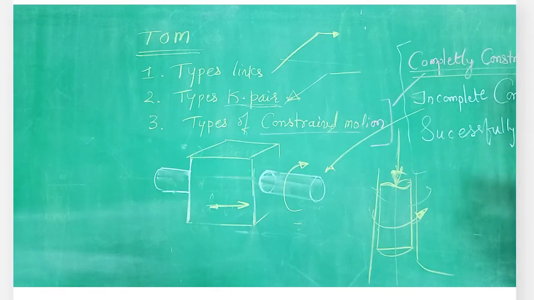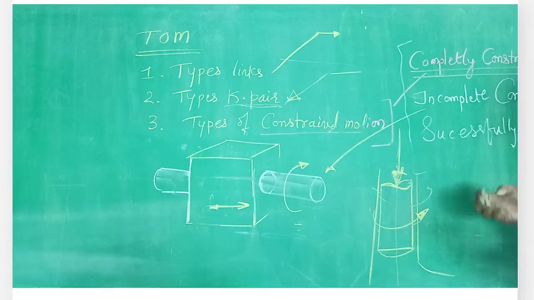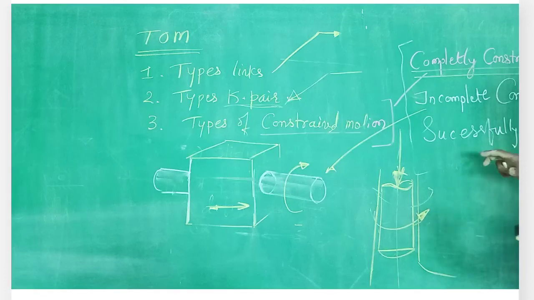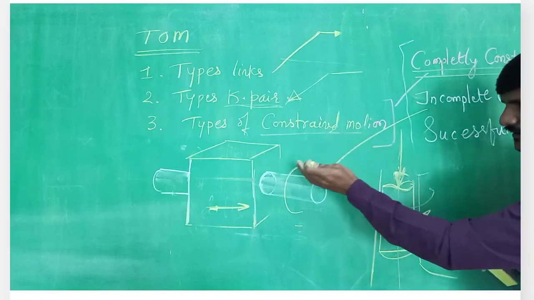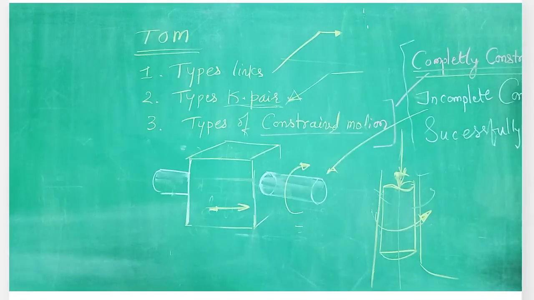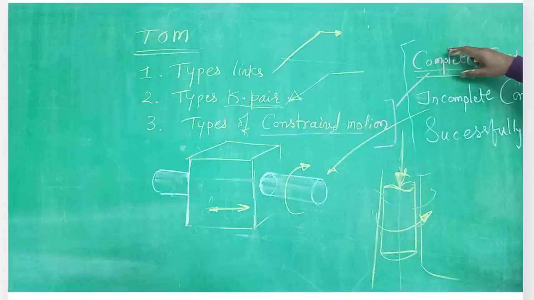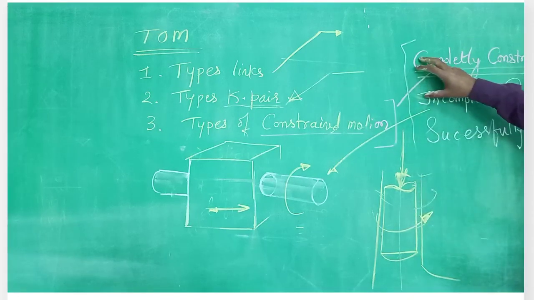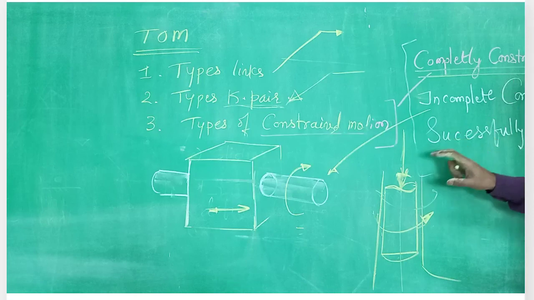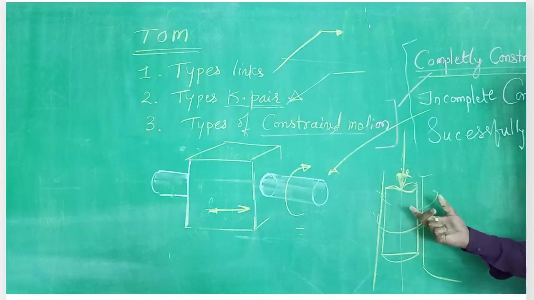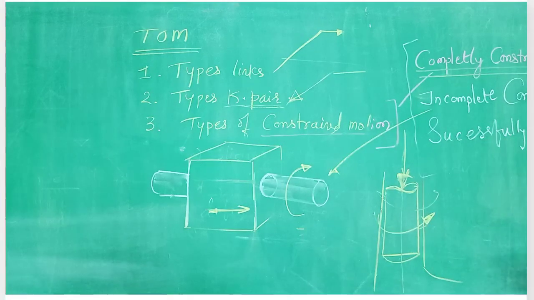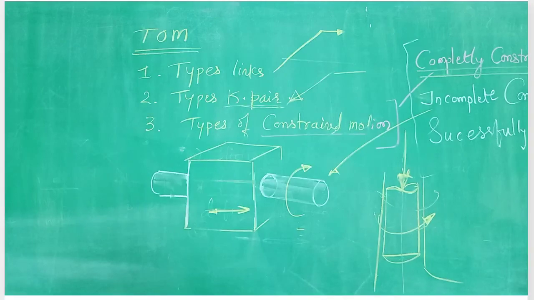So when any external agency or external force is applied on the element, it becomes a completely constrained motion. When you apply some external forces, such type of example we can take for a successfully constrained motion.